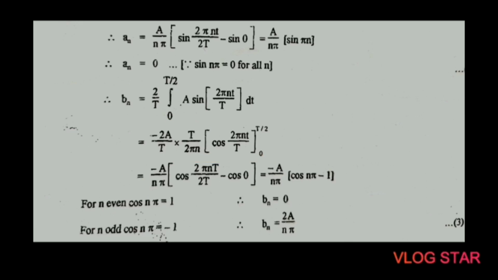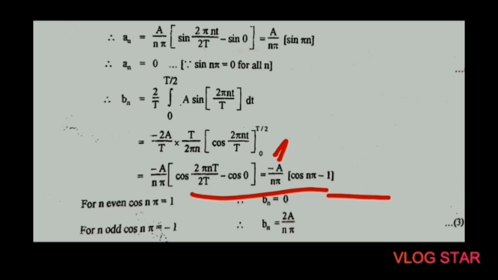Then after that put higher limit minus lower limit values, then minus of A upon n pi into cos of 2 pi n t upon 2t minus of cos 0 we will get here, then minus of n pi into cos of n pi minus of 1.